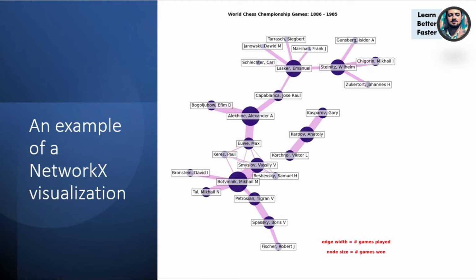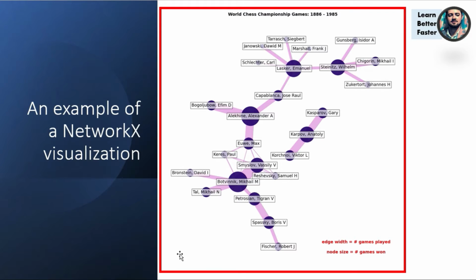The bigger nodes, those purple balls with the names on them, are the nodes, and the edges right here are these slightly less purple, more pink bars connecting all of them. So all this together, the title, the edges and nodes, everything in between, is a visualization that you can make with NetworkX.